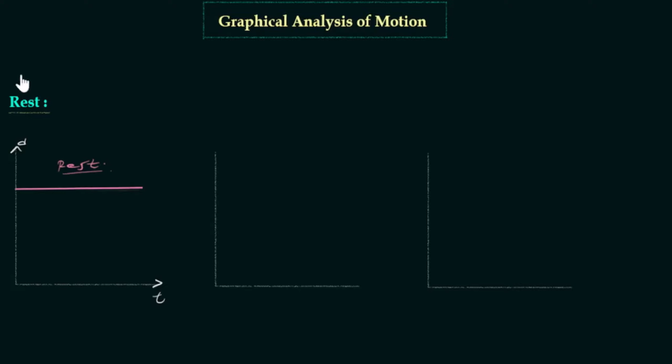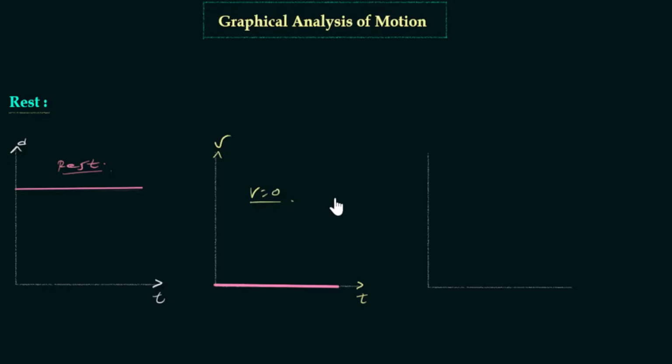Our second kind of graph, for an object at rest, is the velocity versus time graph. The velocity is going to be zero, so here velocity is zero.